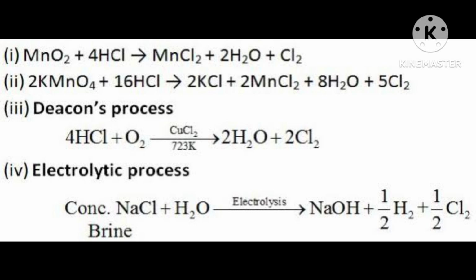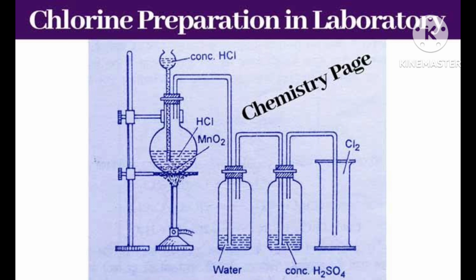First, Deacon's process. It is the oxidation of hydrogen chloride gas by atmospheric oxygen in the presence of a catalyst, cupric chloride, CuCl2, at 723 Kelvin.